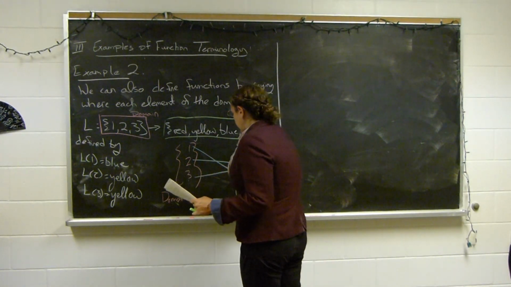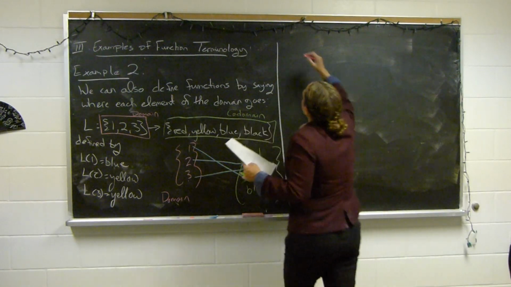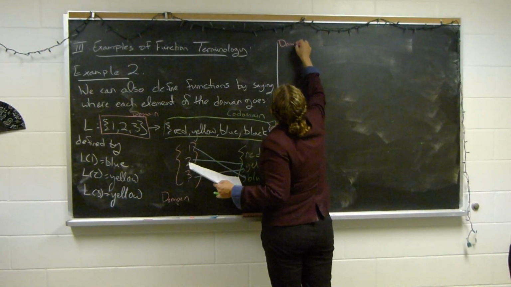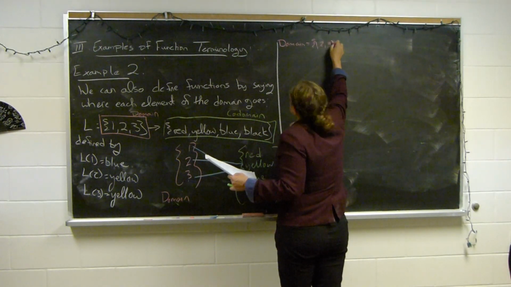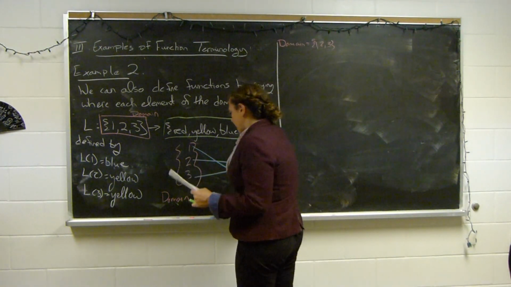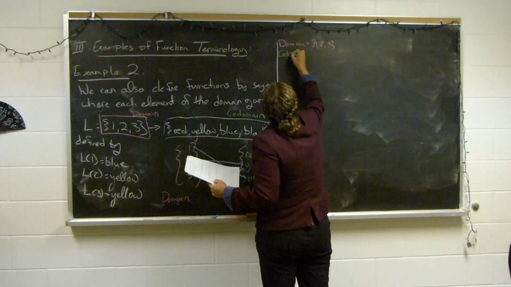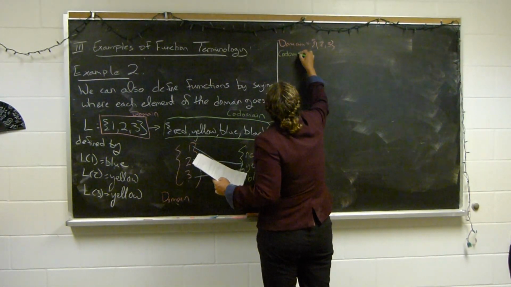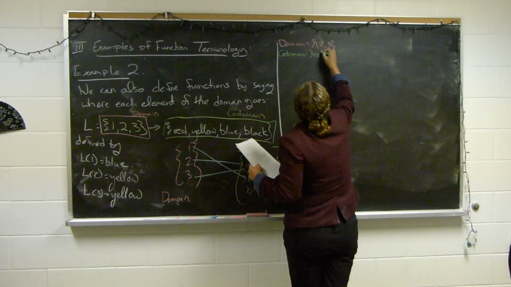Okay, so if I summarize what I have so far, the domain is equal to the set 1, 2, 3. My codomain is equal to red, yellow, blue, black.